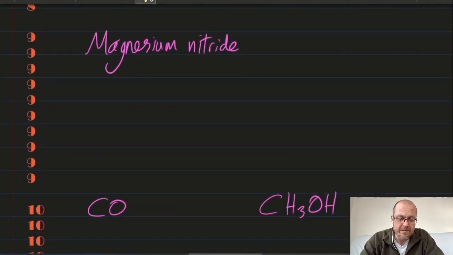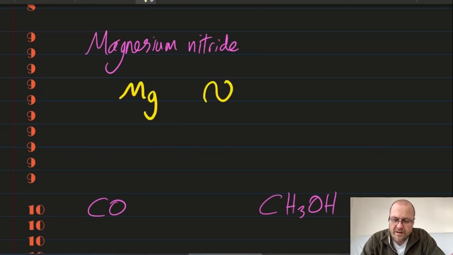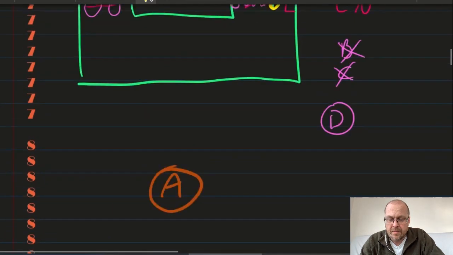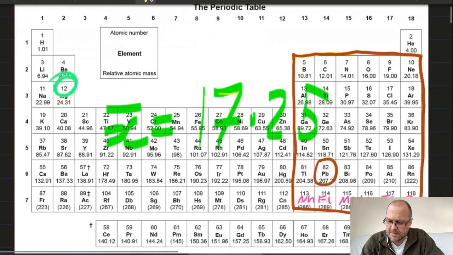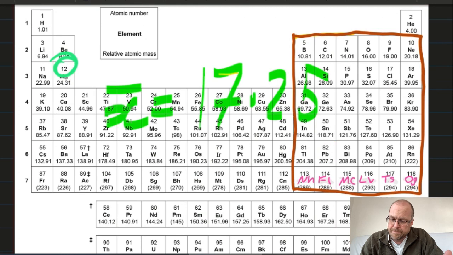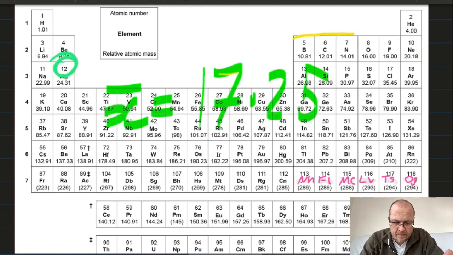Question 9. Magnesium nitride. Okay, so I know magnesium is Mg and nitride is nitrogen. So let's go back up to the periodic table. So magnesium wants to lose 2 electrons because it has 12 electrons, and if it loses 2, it would have 10, just like neon.